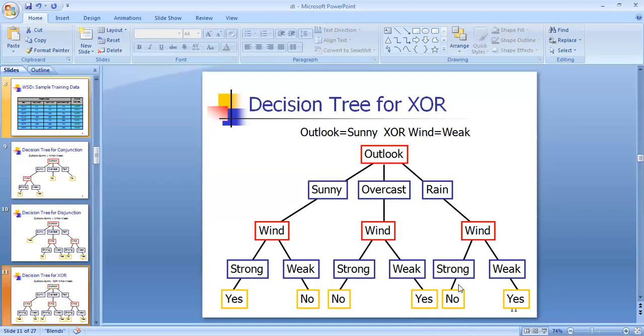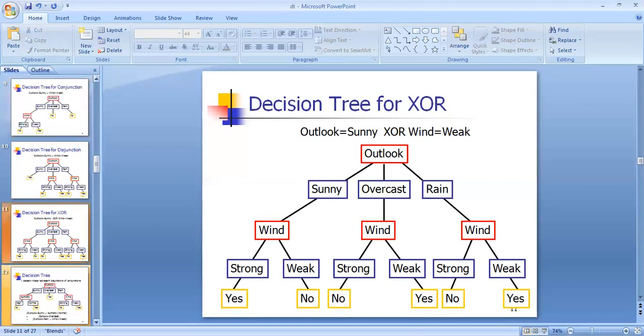When the wind is strong, playing tennis will not work in overcast and rainy, but it will work in sunny. Similarly, when wind is weak, you will have yes. But when it is sunny with no wind, it will go with a no. So that is the concept. You can make the decision there.